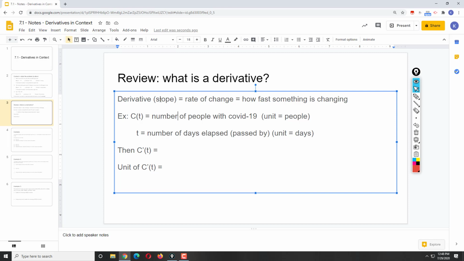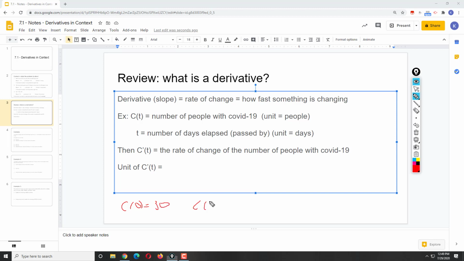Okay. Well, if C of t is the number of people with COVID-19, then C prime of t, that's the rate of change of the number of people with COVID-19, right? Because derivative is rate of change. What does that mean? What does rate of change of the number of people with COVID-19 mean? What does that even mean? So for example, let's say that today, which is C of 0, there are 30 people with COVID.